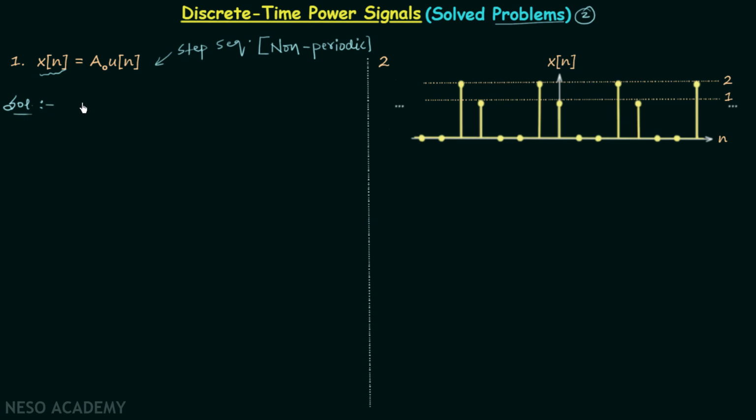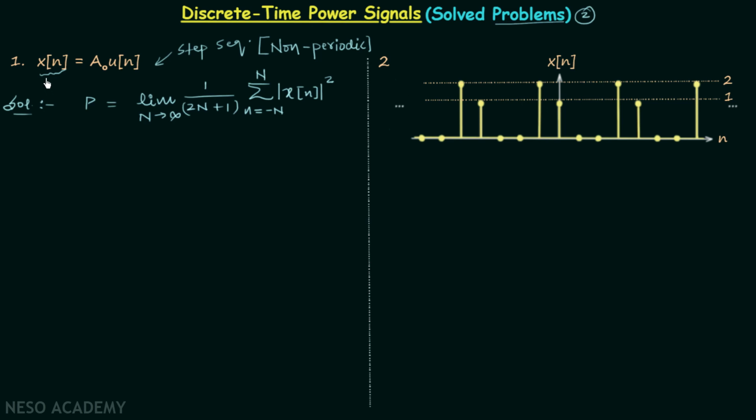We know the average power P in case of non-periodic discrete time signals is equal to limit n tending to infinity, 1 over 2n plus 1, summation n equal to minus n to plus n, mod of the discrete time signal whose average power we are calculating, square.